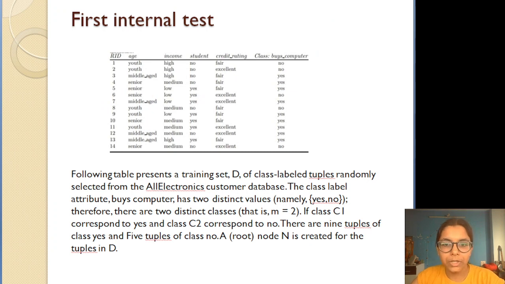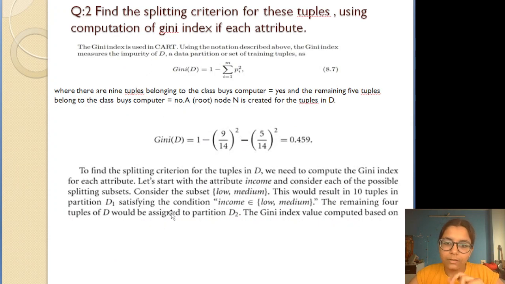We have three categories, which were high, low, and medium, so we will take the first two, low and medium. This would result in 10 tuples in a partition that satisfy the condition income belongs to low and medium. The remaining 4 tuples of D would be assigned to partition D2.